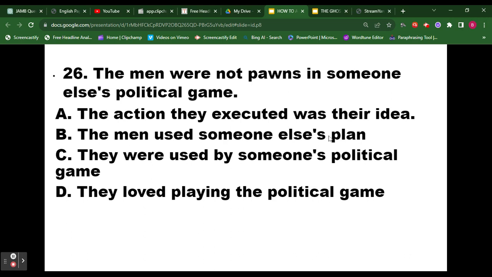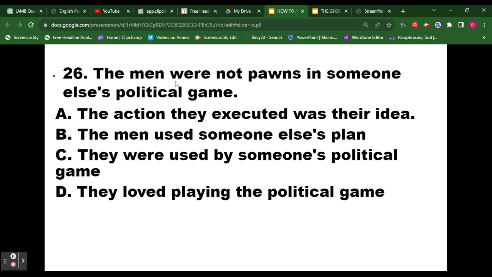Now, first you need to look at the expression. To be a pawn in someone else's game is to be used by them. That is, you have to execute their idea, not your own. That is simply what it means.